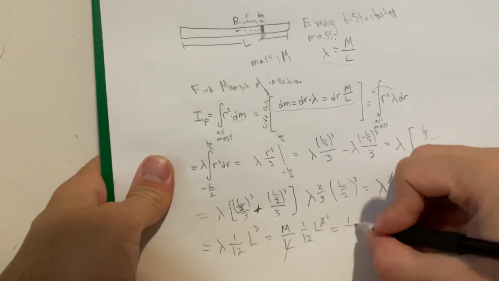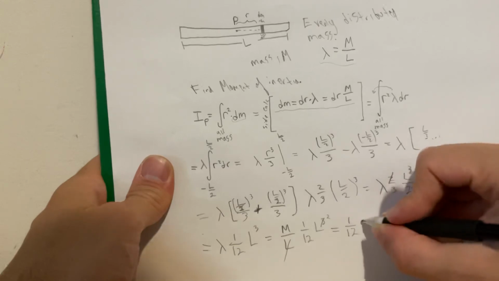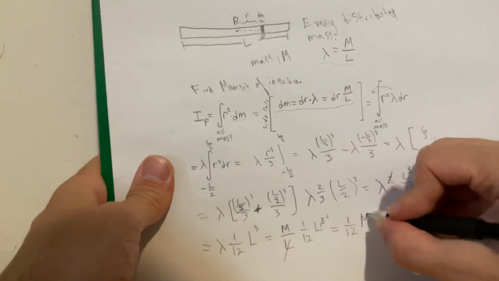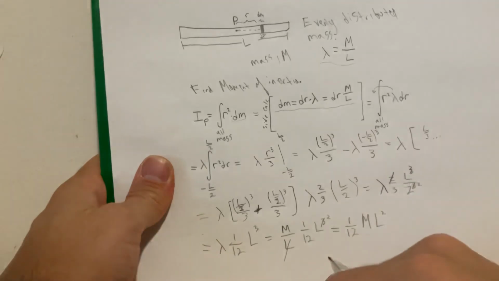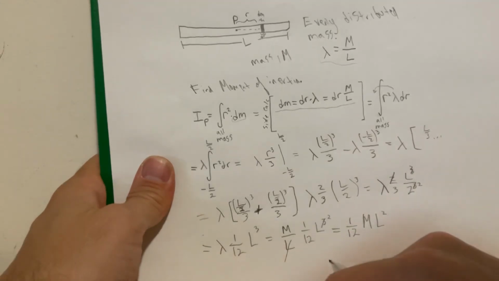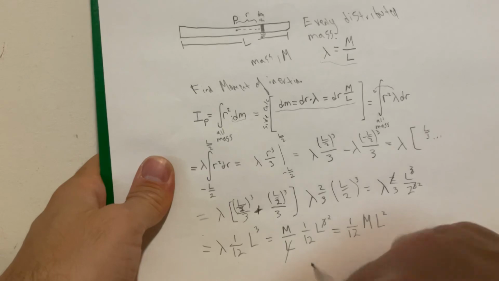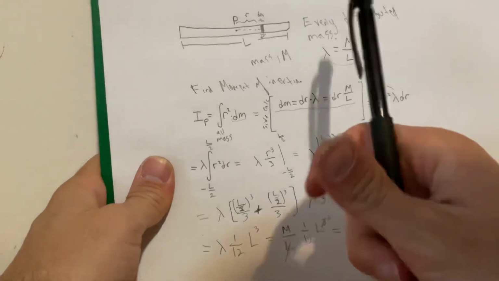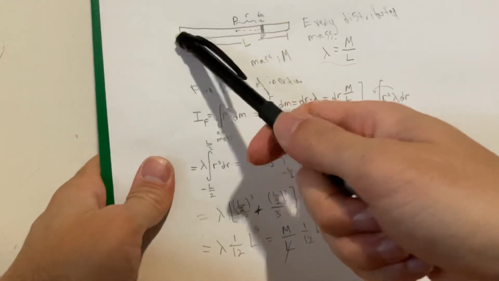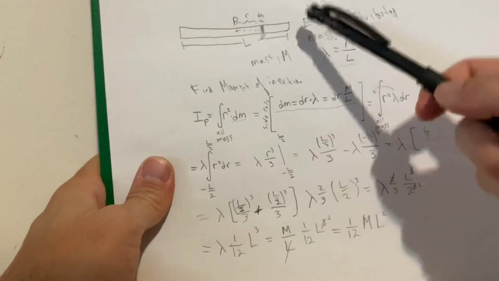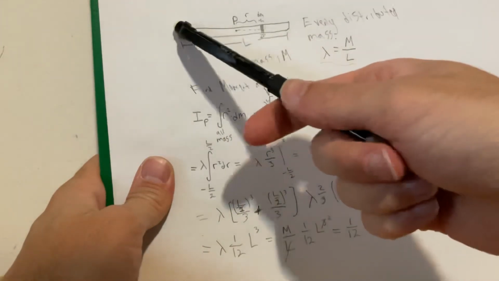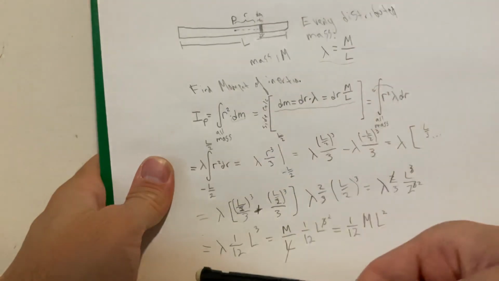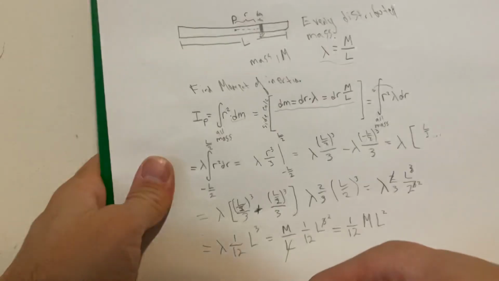In total this is 1/12 M L squared. So that's the moment of inertia relative to the center of the wood. It doesn't have to be a rigid body. It's just a line like this, relative to the center. Boom.